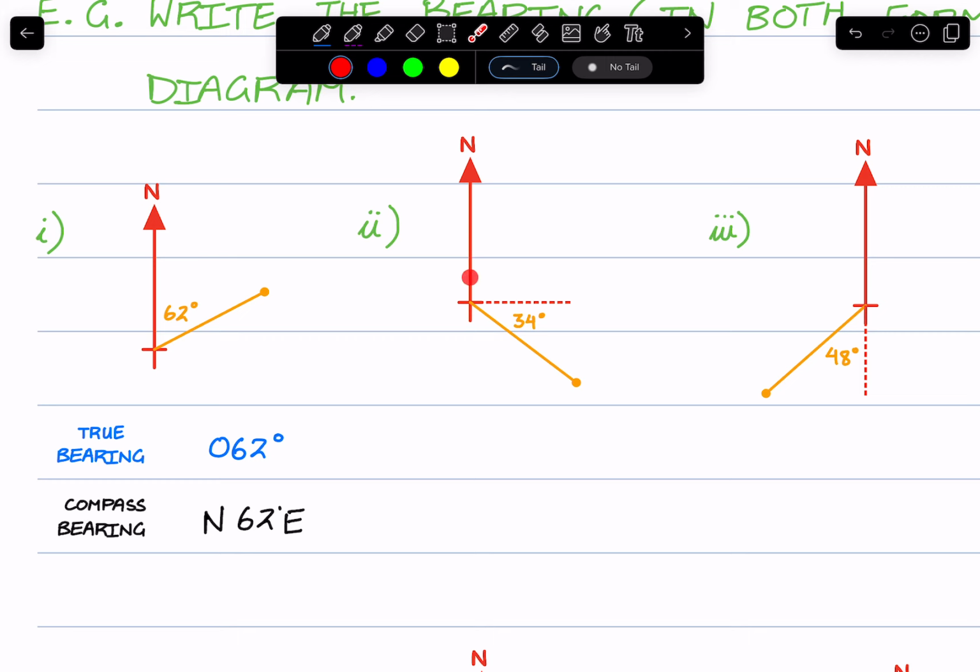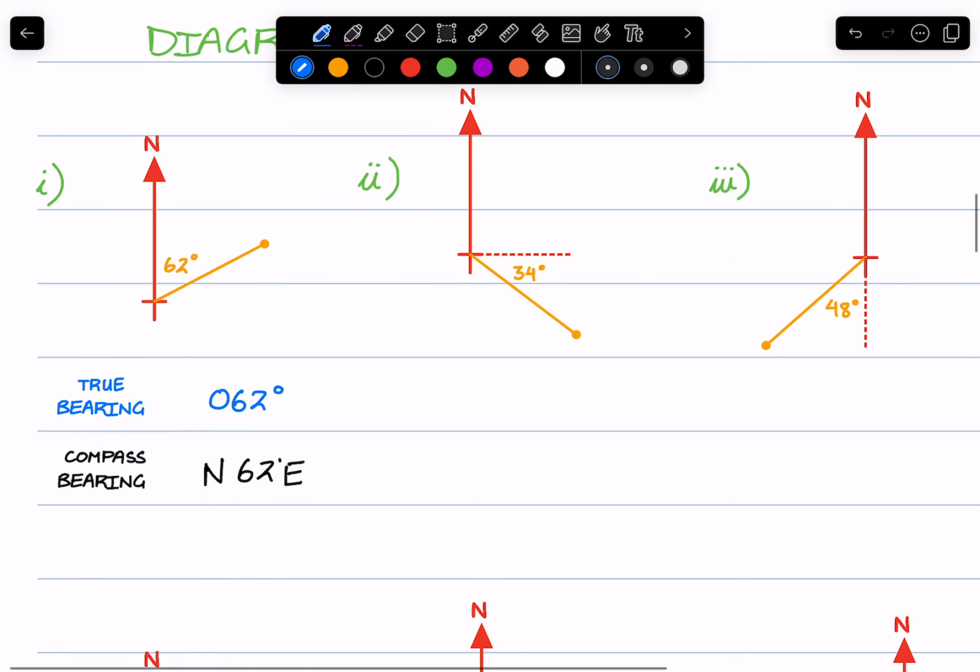Well, remember that this is 90 degrees, so it would be 90 degrees first to face east, and then a further 34 degrees to face this line. So it would be 90 plus 34. That would be 124 degrees for the true bearing.